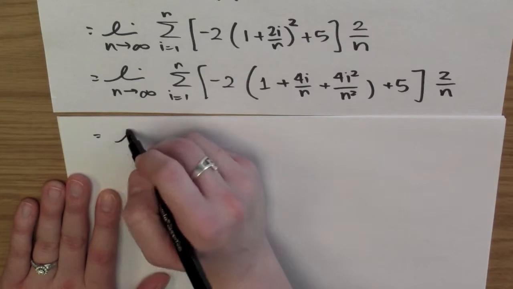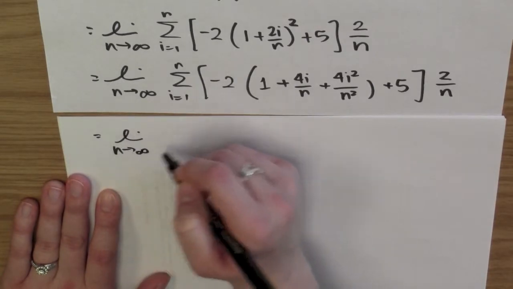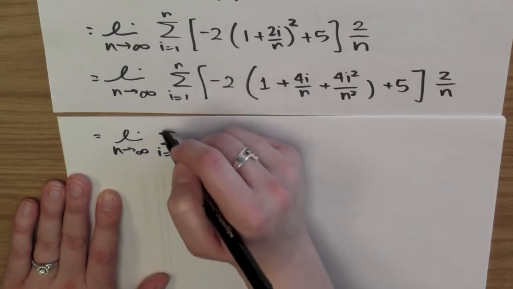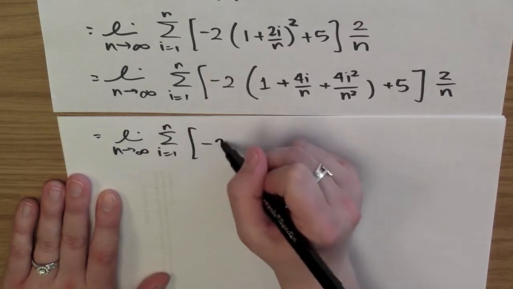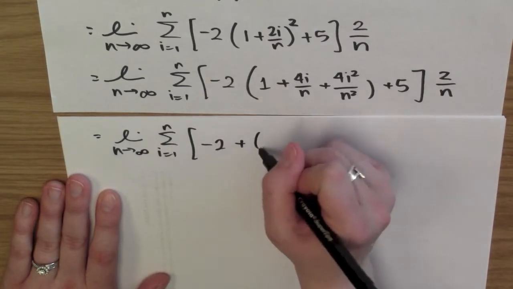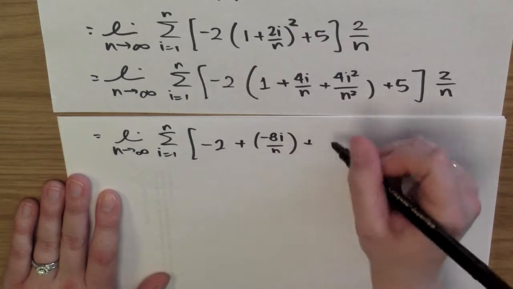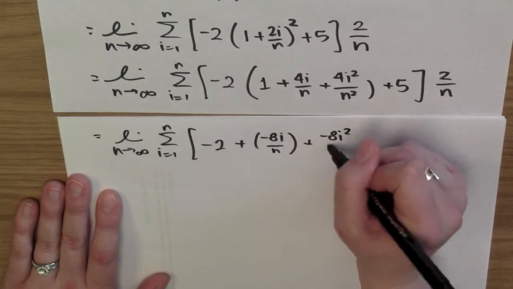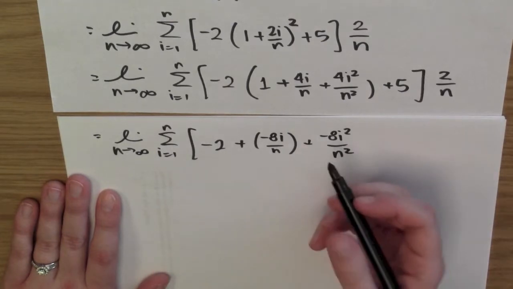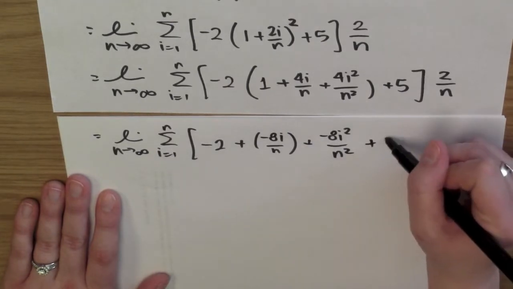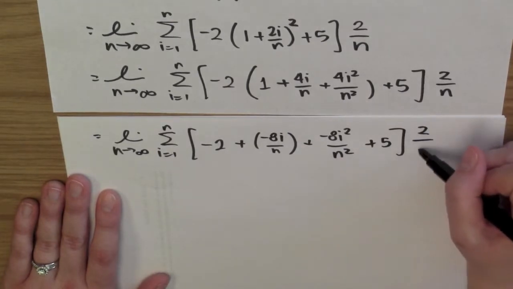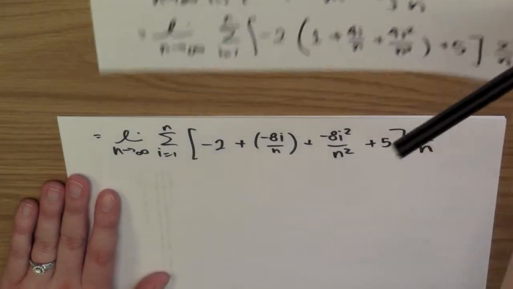Okay, so the next step then is to distribute this minus 2. So I get the limit as n approaches infinity, sum from i equals 1 to n. So now I have negative 2 plus negative 8i over n plus negative 8i squared over n squared, right? Distributing this negative 2, plus 5, all times 2 over n.